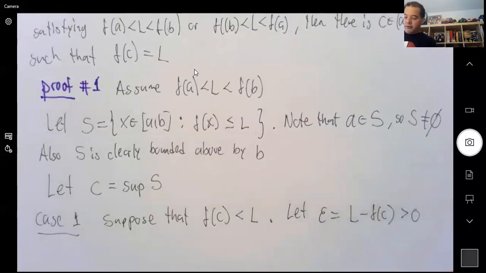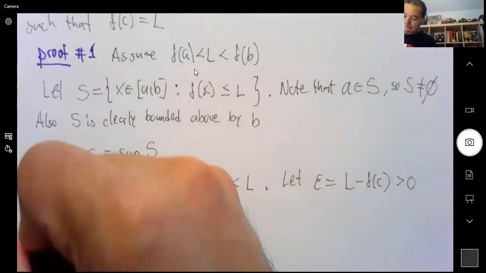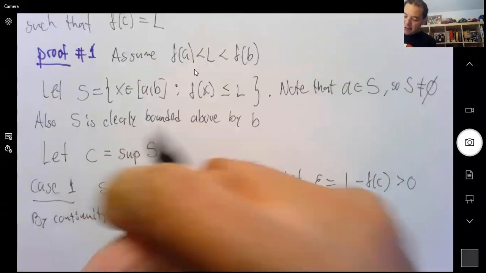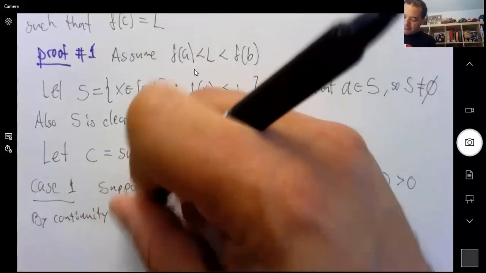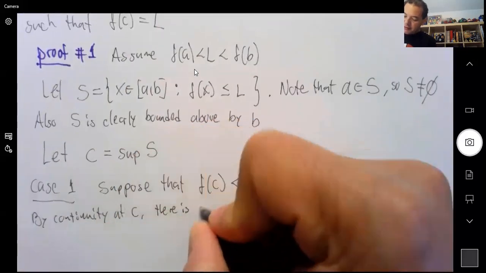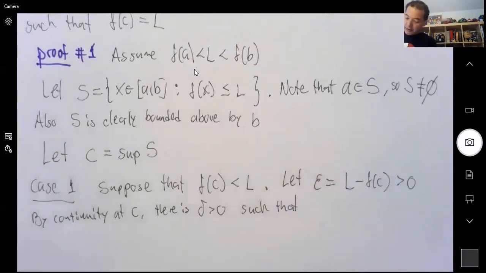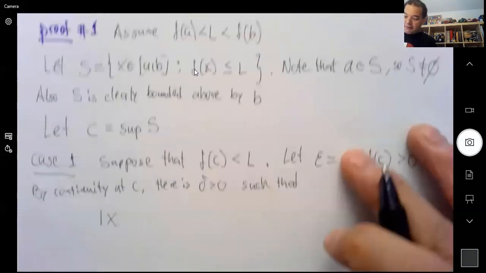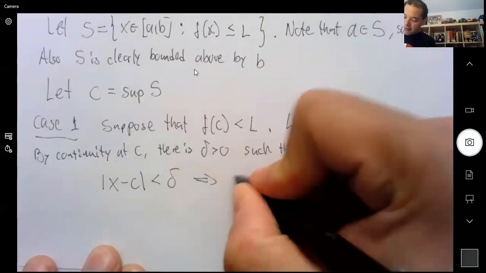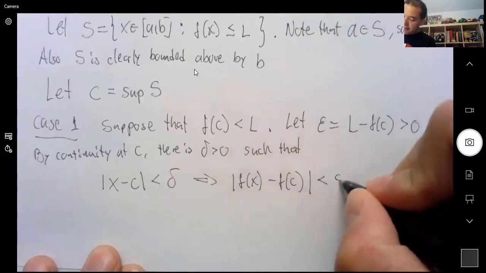Using this epsilon, by continuity at c, there is delta greater than 0 such that if |x minus c| is less than delta, then |f of x minus f of c| is less than epsilon.